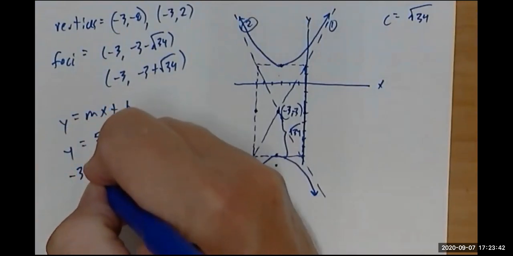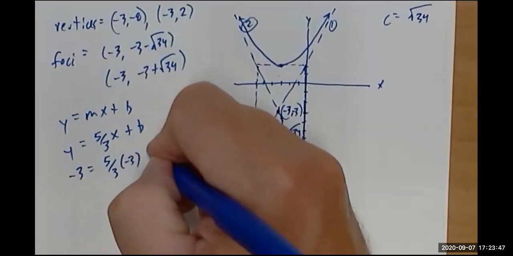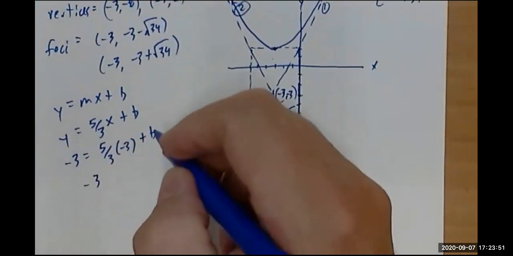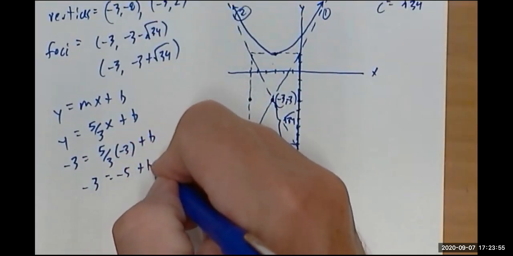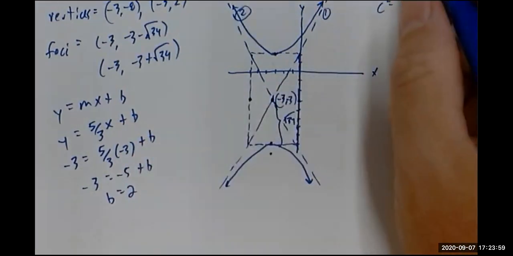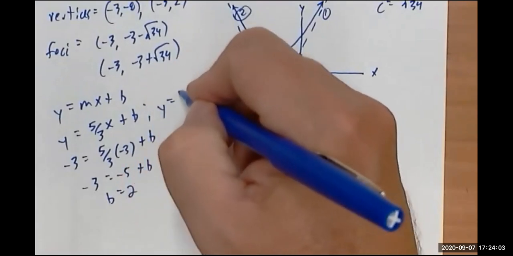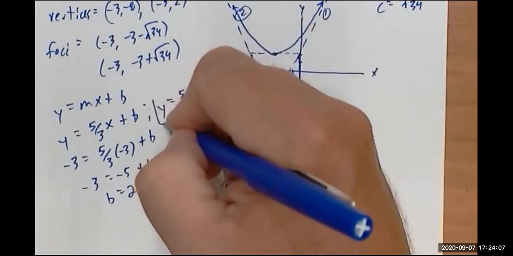So I plug in -3 for y, -3 for x. This becomes -3 equals -5 plus b. Add 5 to both sides. Looks like b is 2. So therefore, my equation is y equals 5/3 x plus 2.